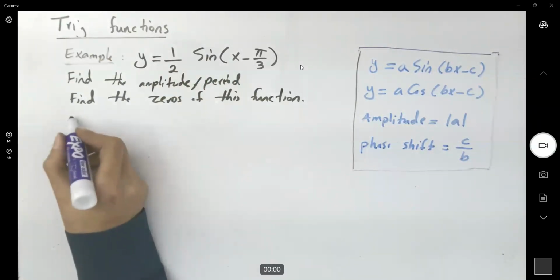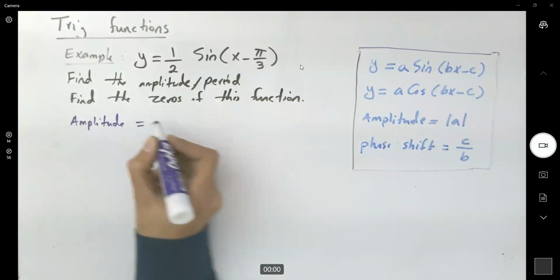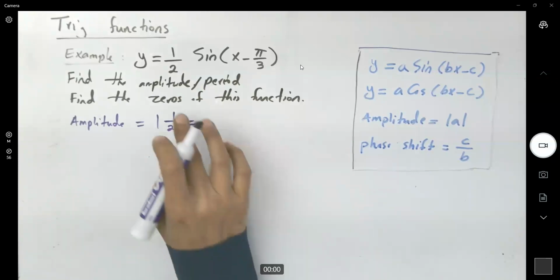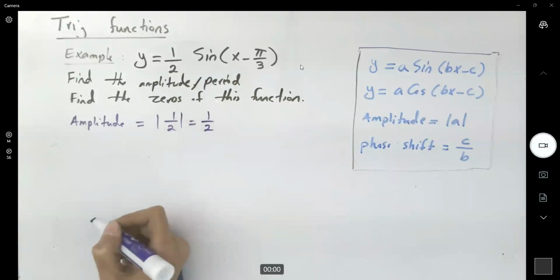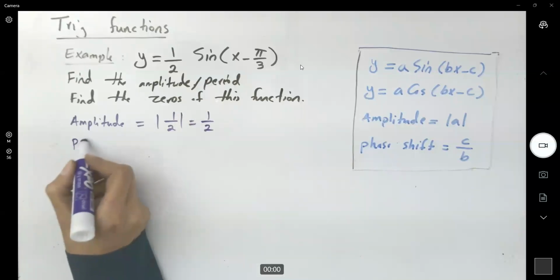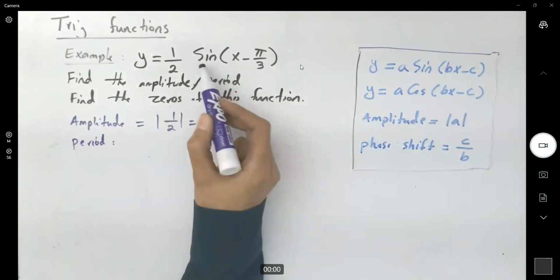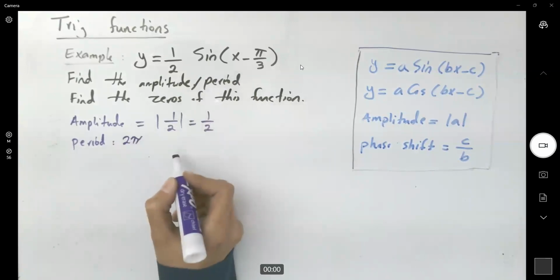The amplitude by definition is equal to the absolute value of a half. It's a positive number, so you're going to get your a half back. Well, what is the period? The period of your function is just the period of sine, which is 2 pi.